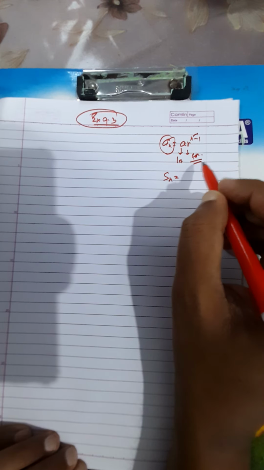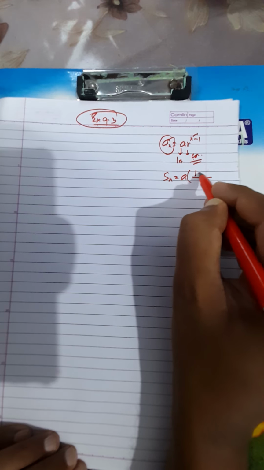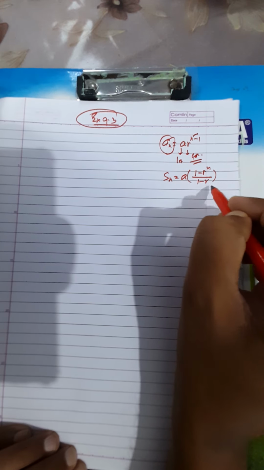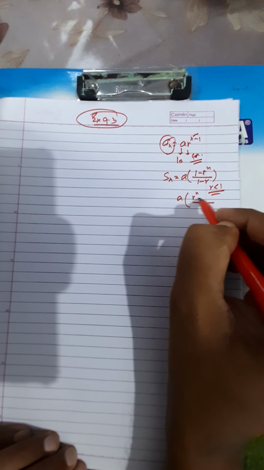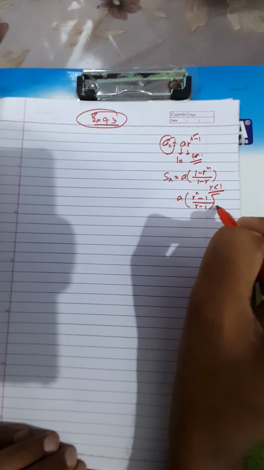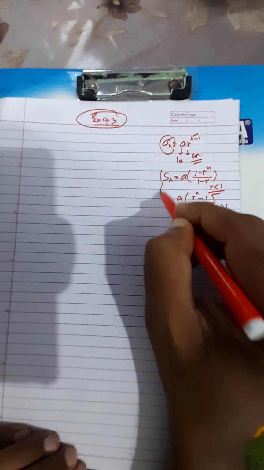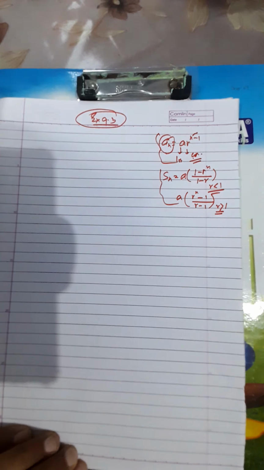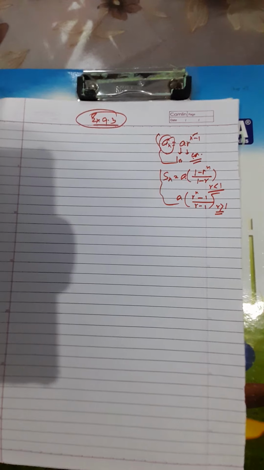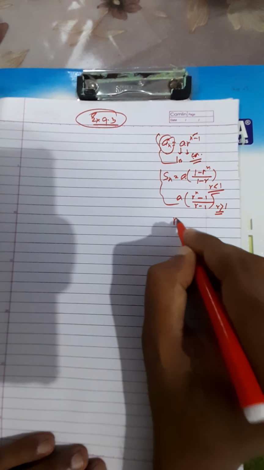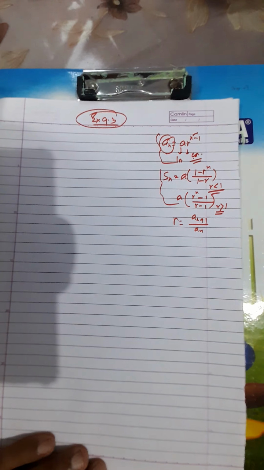There are two formulas for Sn: A into 1 minus r to the power n by 1 minus r, if r is less than 1, or A into r to the power n minus 1 by r minus 1, if r is greater than 1. These are the formulas we have to remember. And r is nothing but An plus 1 by An.